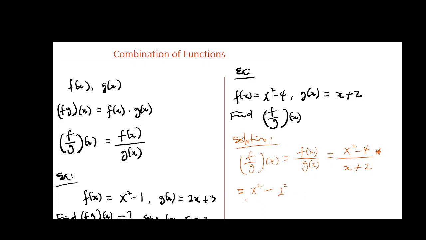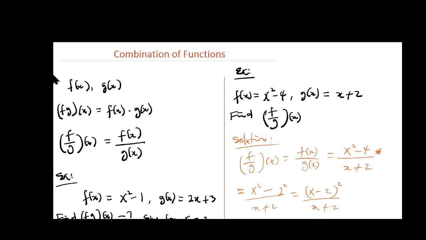We can rewrite the numerator as a difference of squares, right? So that we have x minus 2 times x plus 2 all over x plus 2.